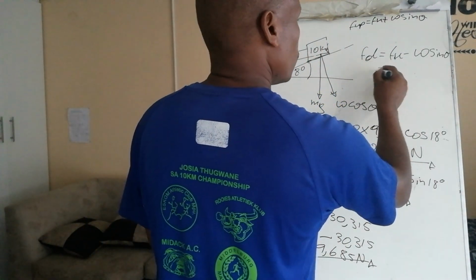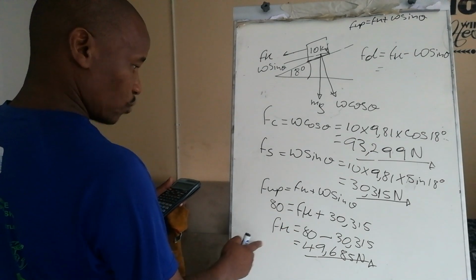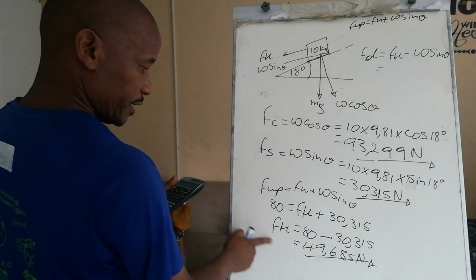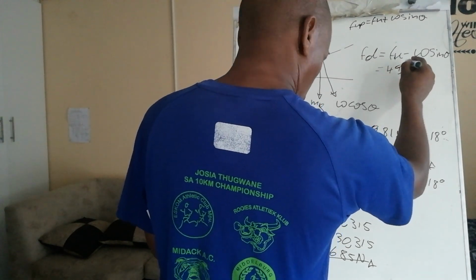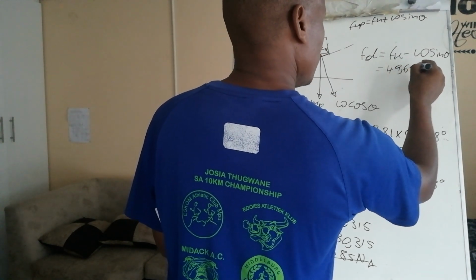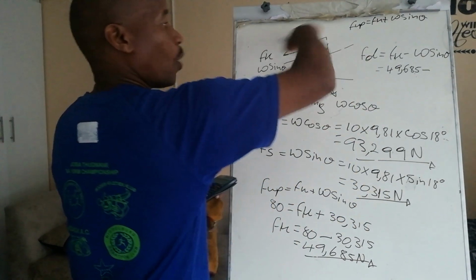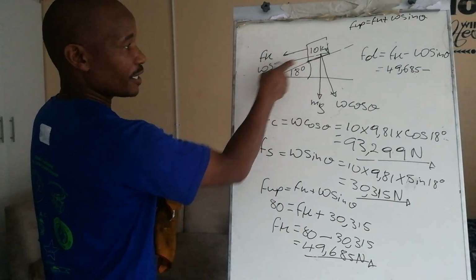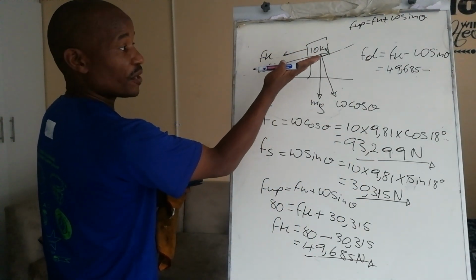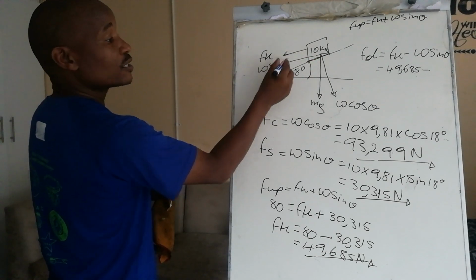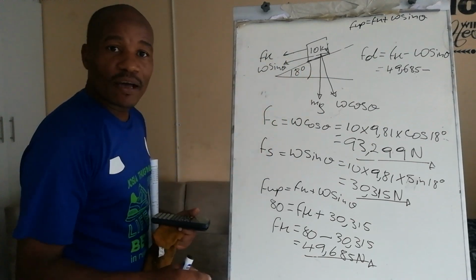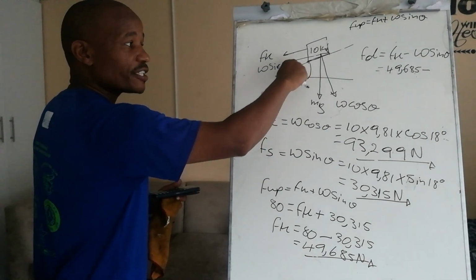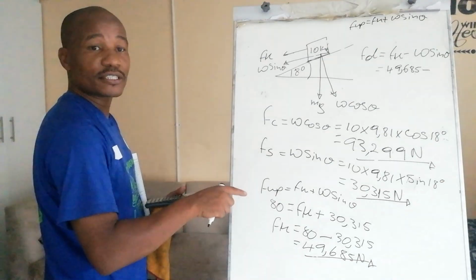And it's equal to, the frictional force was calculated as what? It was calculated as 49.685. The weight component parallel to the plane, very, very important. It's just my drawing. These two lines will never meet because this weight component is parallel to this inclined plane.